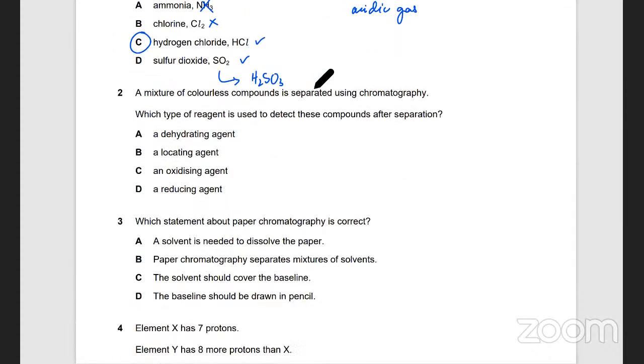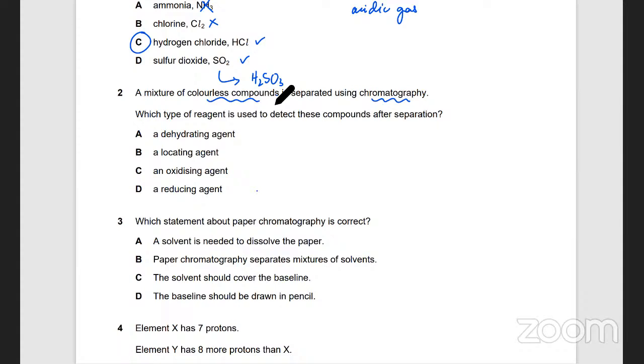That's the next one. A mixture of colorless compounds is separated using chromatography. What type of reagent is used to detect these colorless compounds? And you're doing chromatography, right? So how do you detect these compounds after separation has happened? The compounds are colorless.